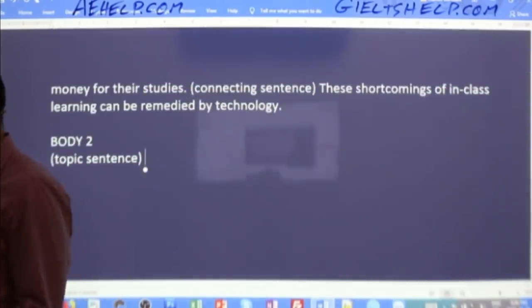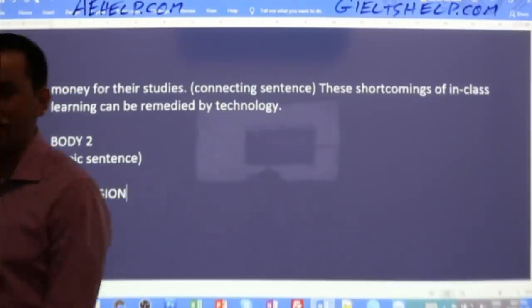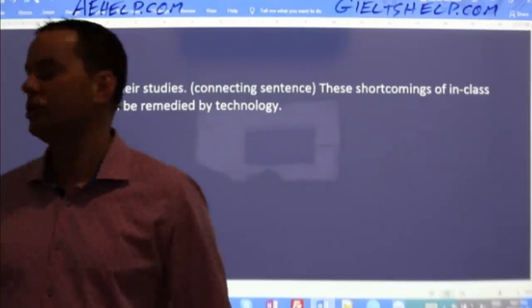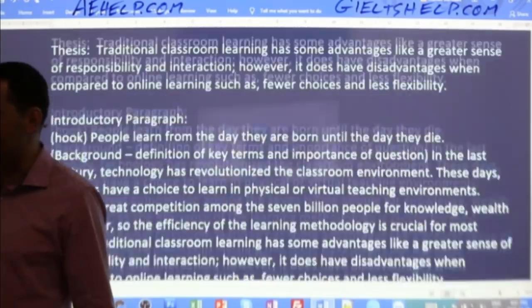Body paragraph 2 and your conclusion are for homework. So complete body paragraph 2, complete the conclusion. You know what the thesis is.